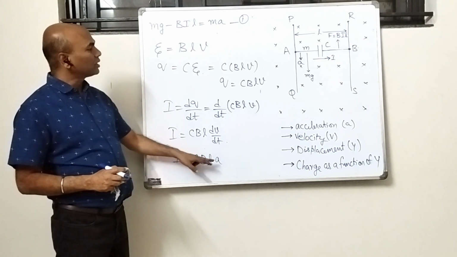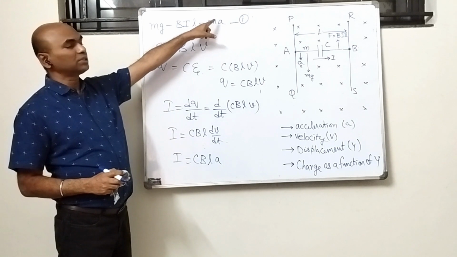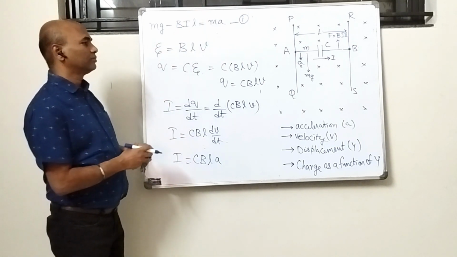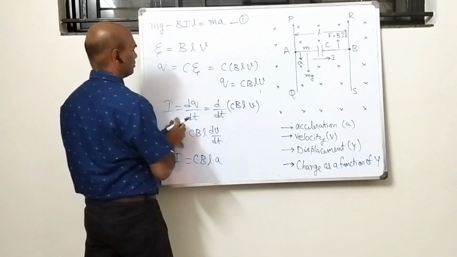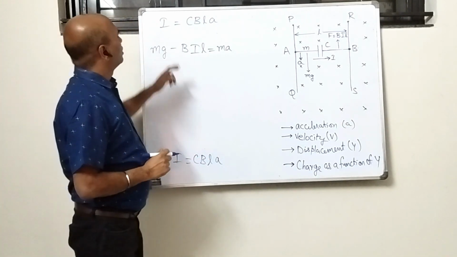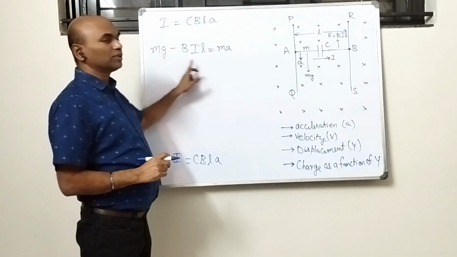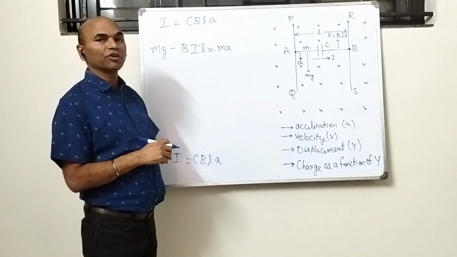Now this current I can use in the first expression so that I can solve it further. We have just got the current expression, and this was the already derived FBD equation.